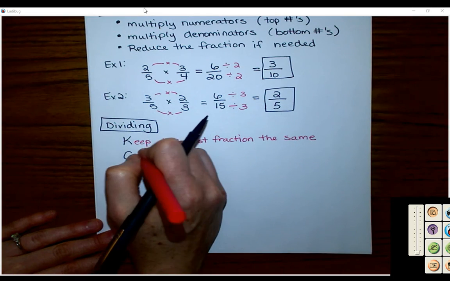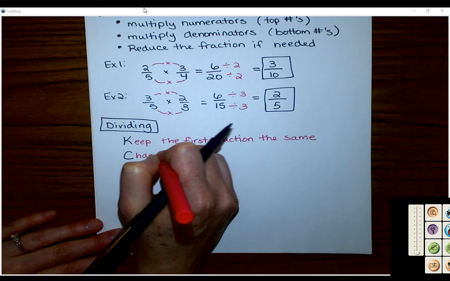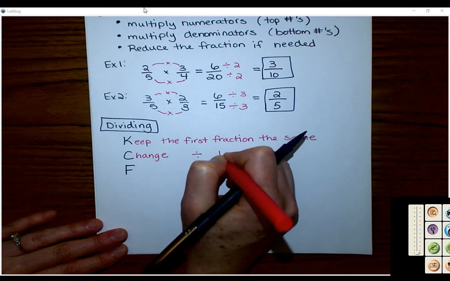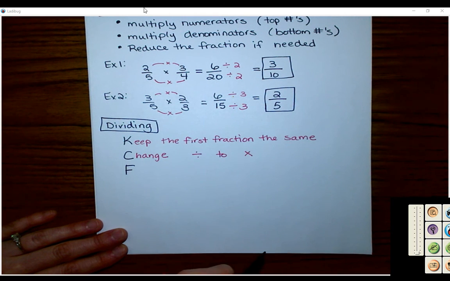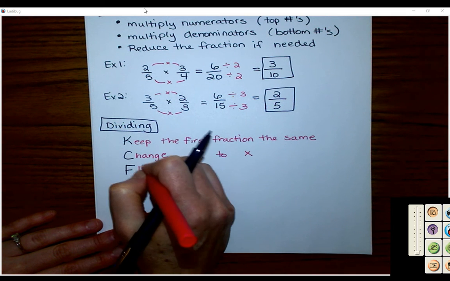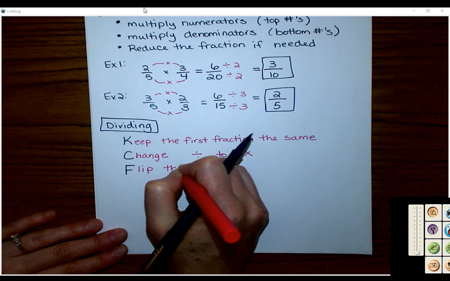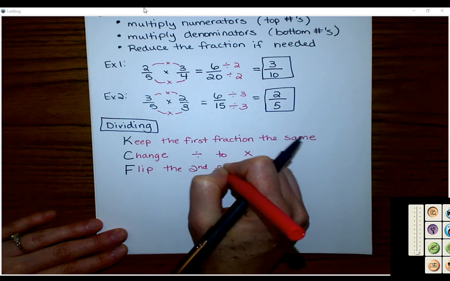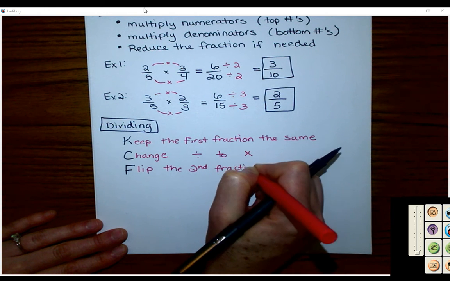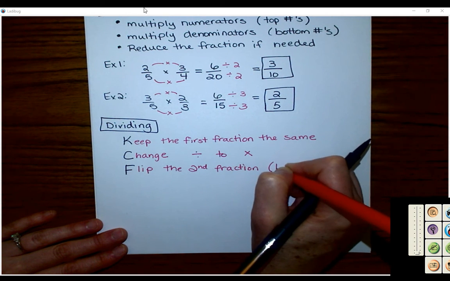C stands for change division to multiplication. And F stands for flip the second fraction. That means I'm taking the reciprocal.